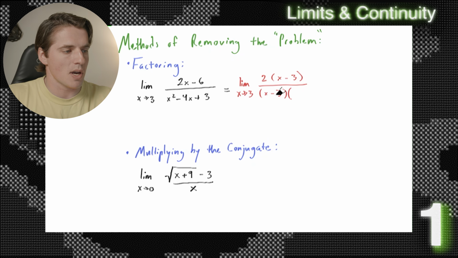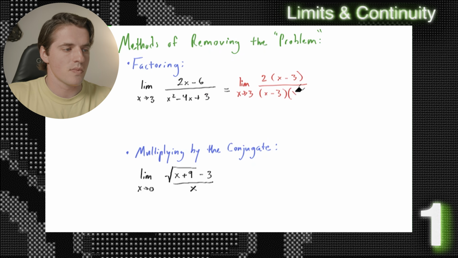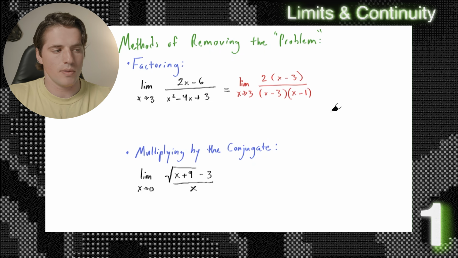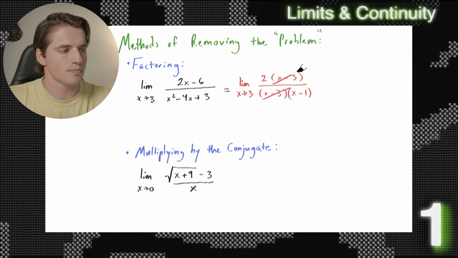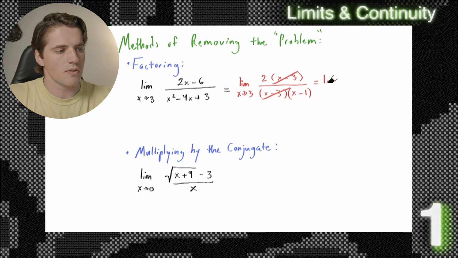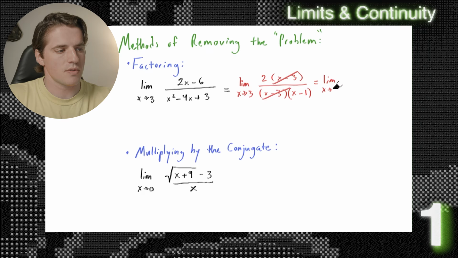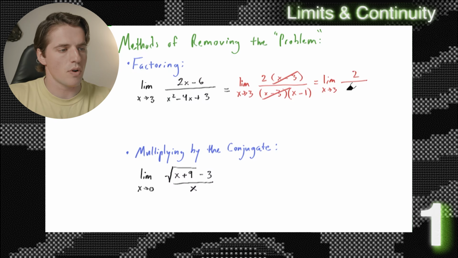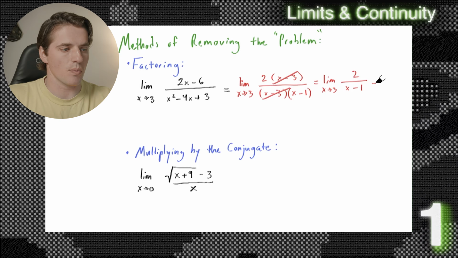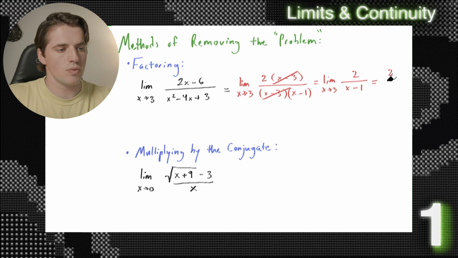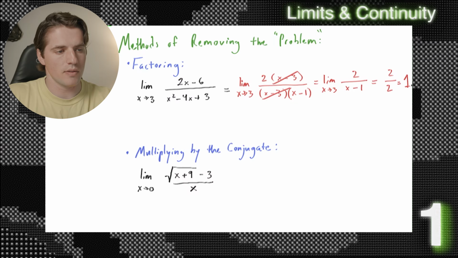And what times minus 3 gives us positive 3? That is negative 1. Okay, so now we can cancel and find the limit as x goes to 3 of 2 over x minus 1. Now we can plug in directly, and we get 2 over 2, or 1.